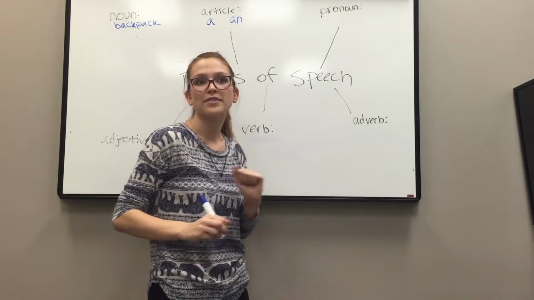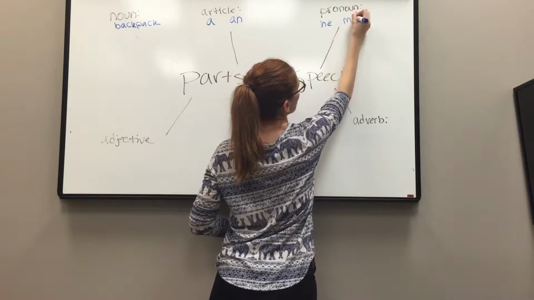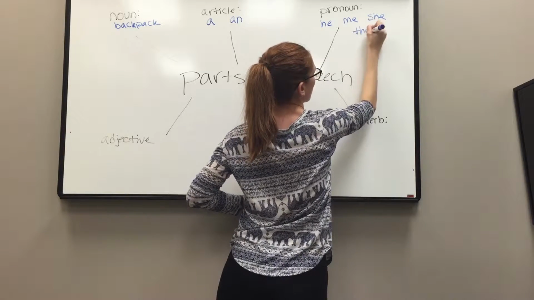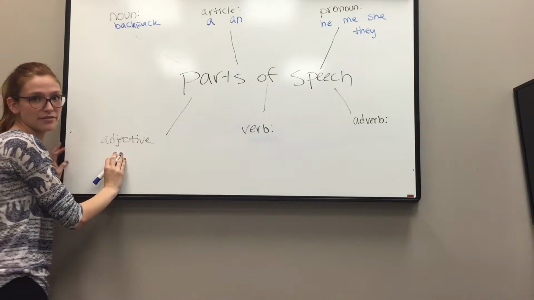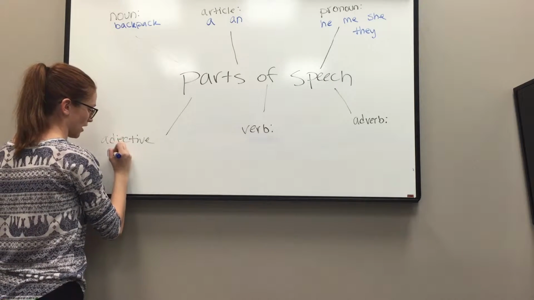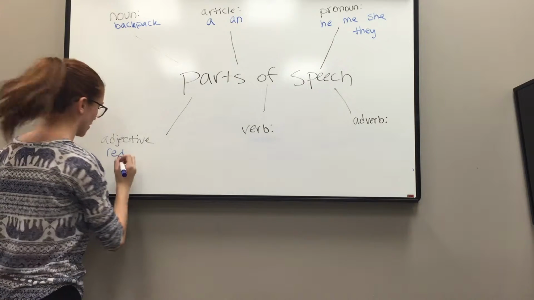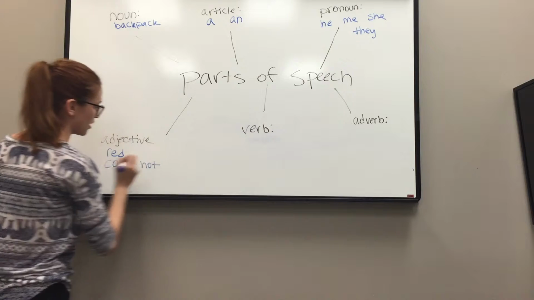What about a couple pronouns? I heard he. I heard me. One more. She. Let's put they on there too. What about an adjective? We can use a color. That's right. What's another adjective? Cold. We'll write hot too. Good job.